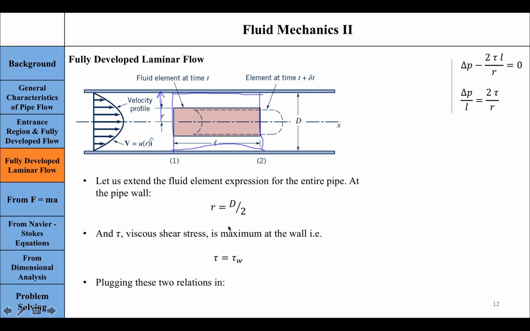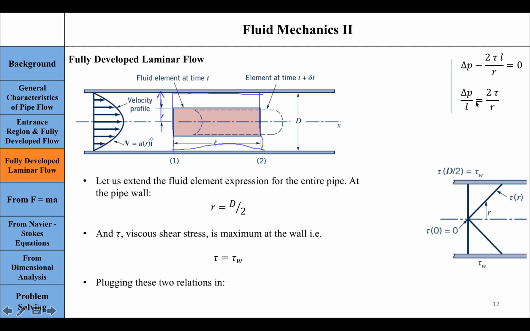So we plug both of these relations into this equation. Instead of tau, we plug in tau W here. Instead of r, we plug in D by 2, and we find the expression for pressure drop across the entire pipe.